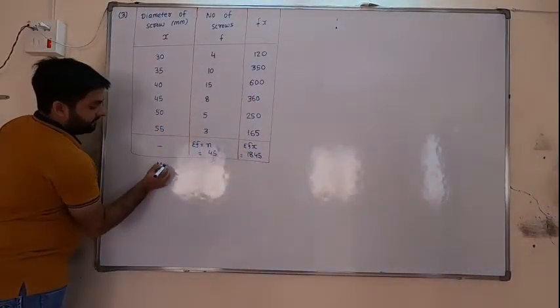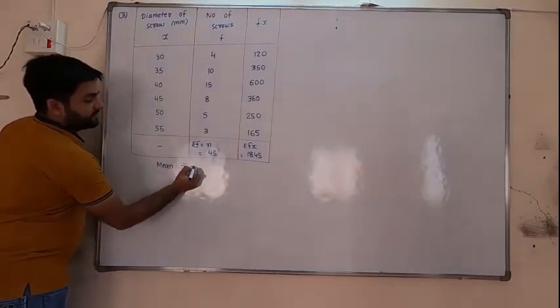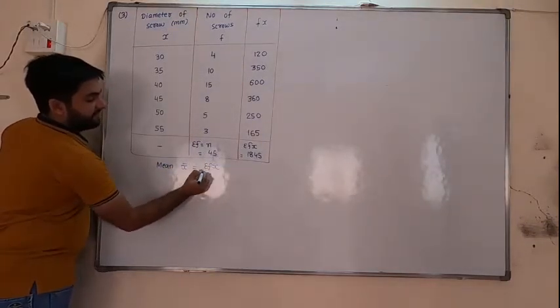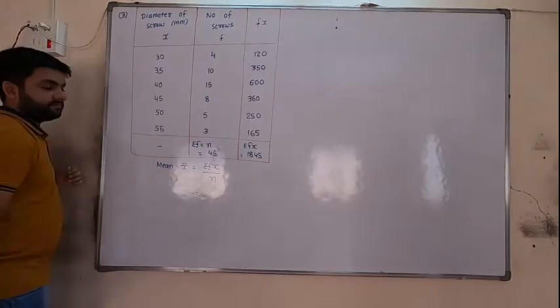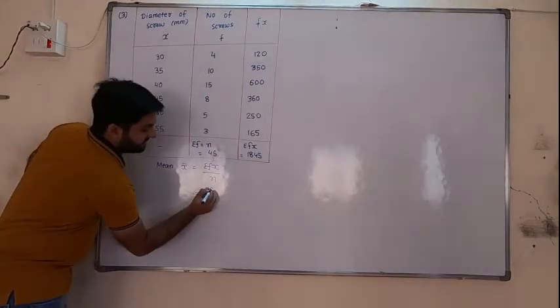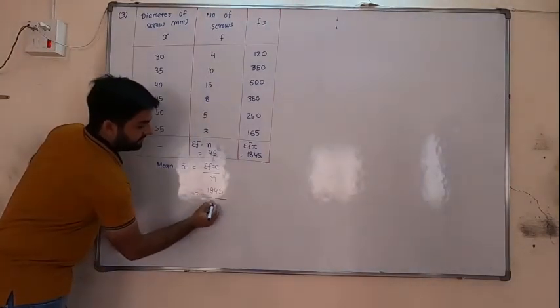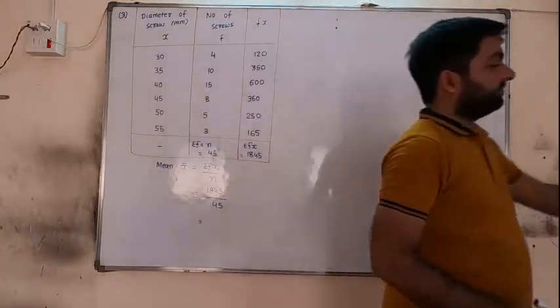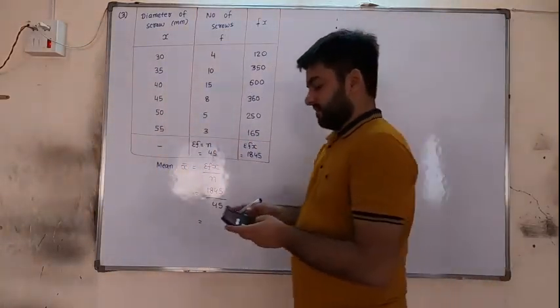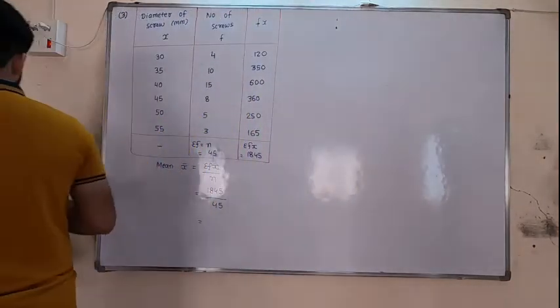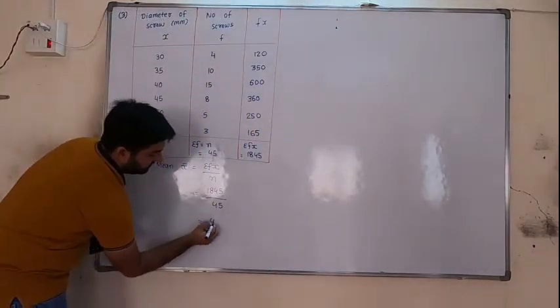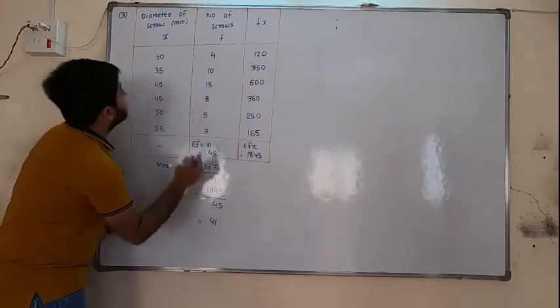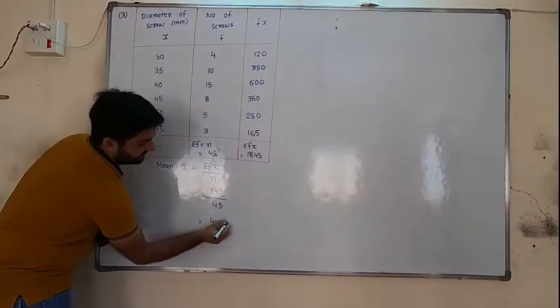Mean x bar is equal to sigma fx upon n. Sigma fx is 1845 divided by n is 45. 1845 divided by 45 is 41, and the unit is millimeter.